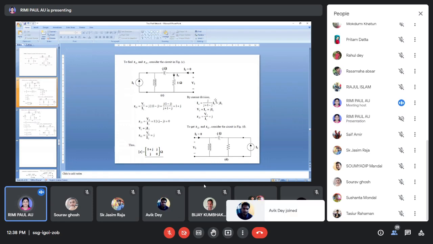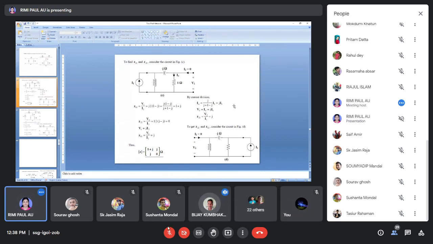I think this is right. True? Yes, ma'am. So what is V2 next? V2 is equal to I0 into 1, so we get JI1. Now from here we can find V2 by I1, Z21 is equal to J.